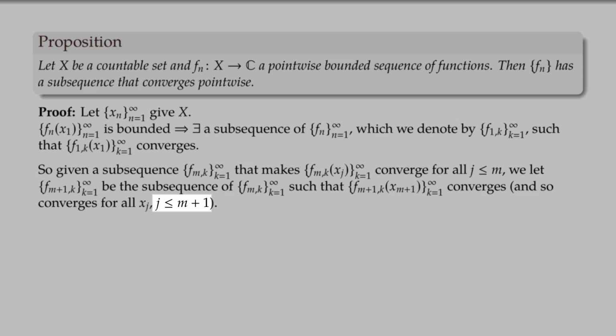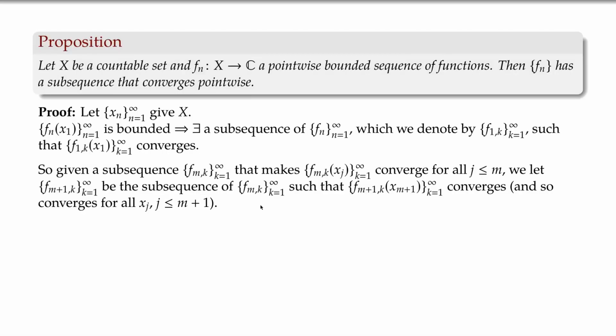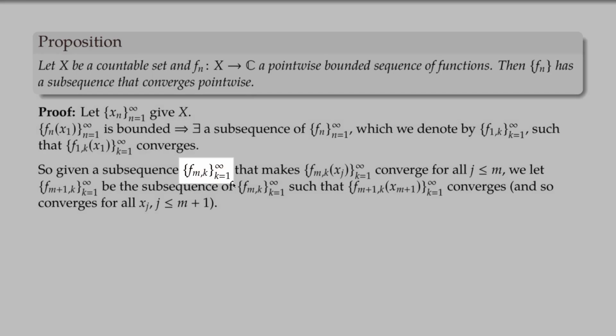So it's exactly what we're starting with in this inductive step. Now we have infinitely many subsequences, and each converges on x1 through xm, but none of them necessarily converges on everything.